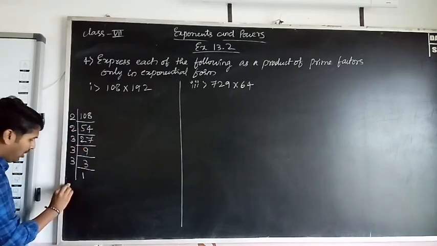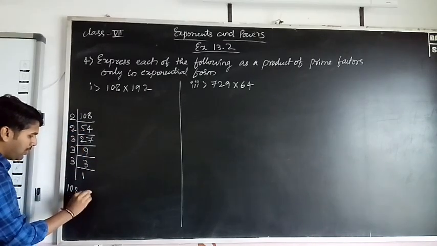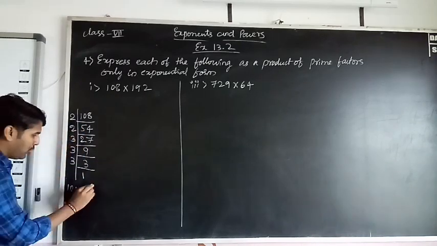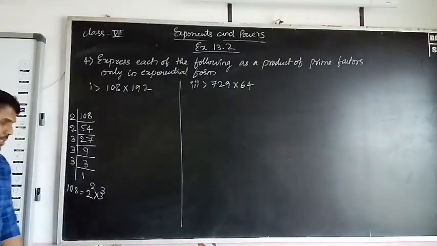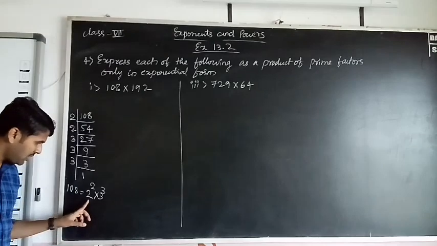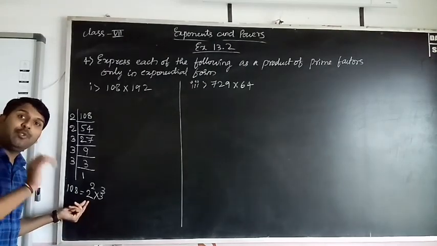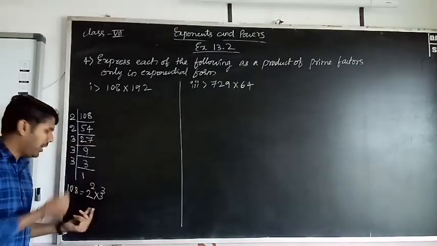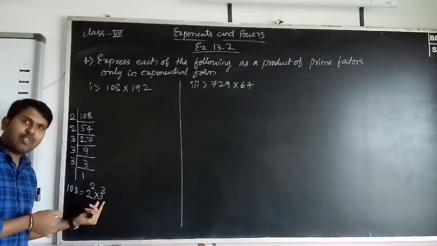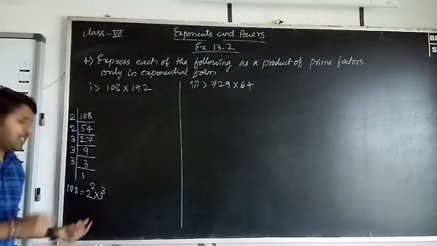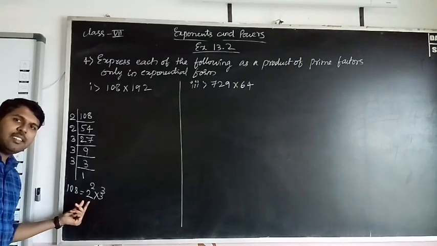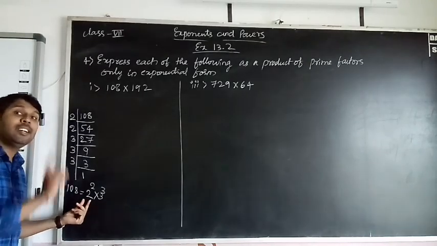So 108 equals 2 raised to how many 2s? 2 into 3 times. Okay, these are the prime factors. Why? Because check, 2 has only 2 factors, 1 and 2. What about 3? This is also a prime number. Why? Because 1 and 3 are the factors of 3. The smallest prime number is 2 only.